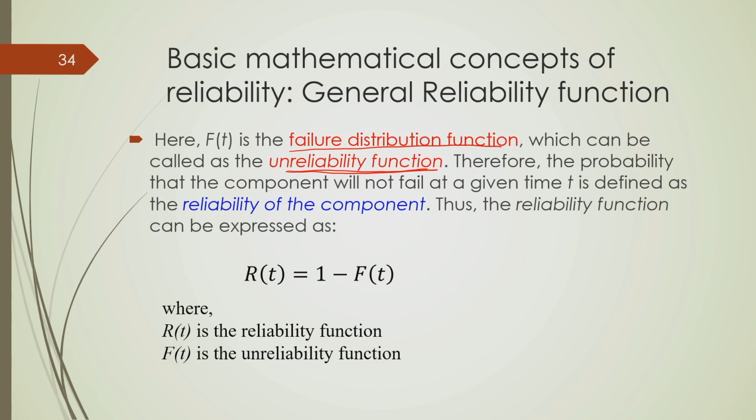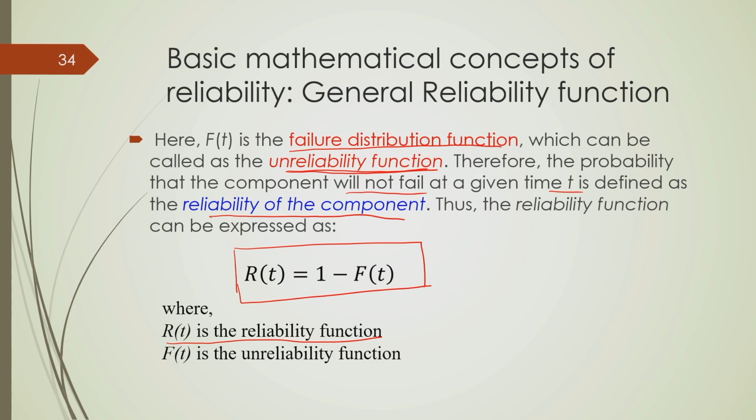Whenever you have an unreliability function, there exists a reliability function which complements it. The probability that the component will not fail at a given time t is defined as the reliability of the component, represented by the reliability function R(t), which is equal to the complement of the failure distribution function.